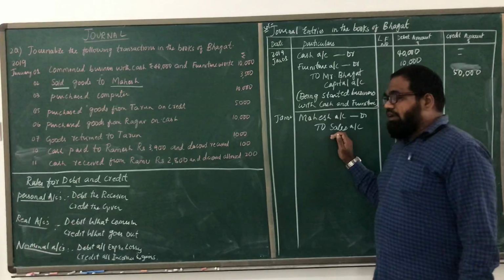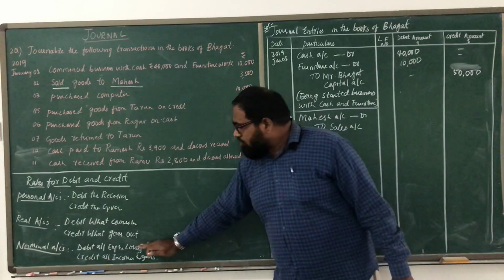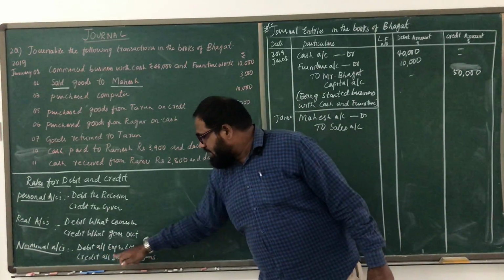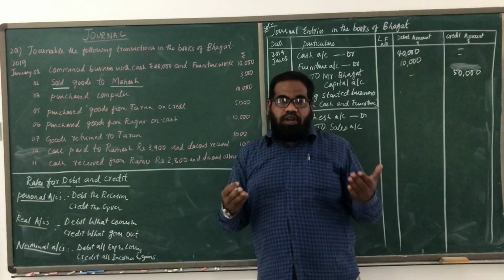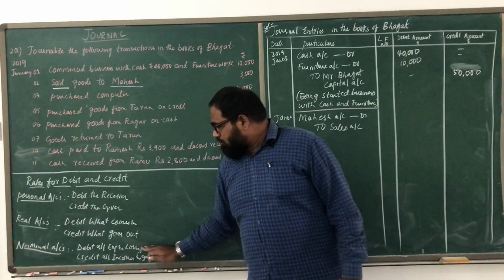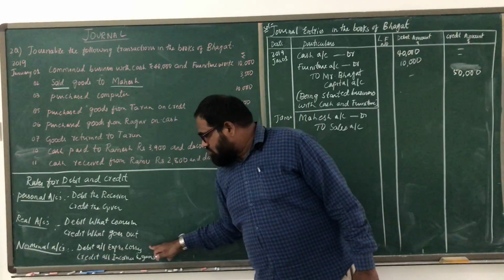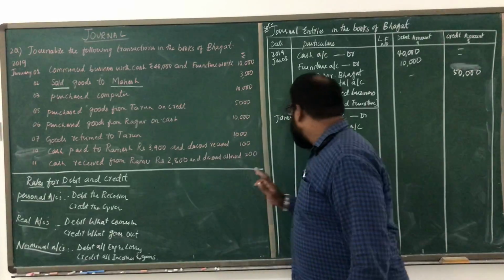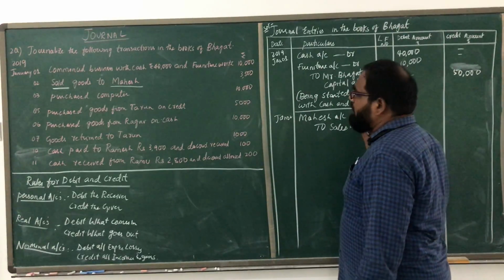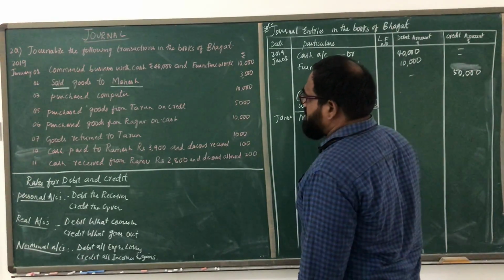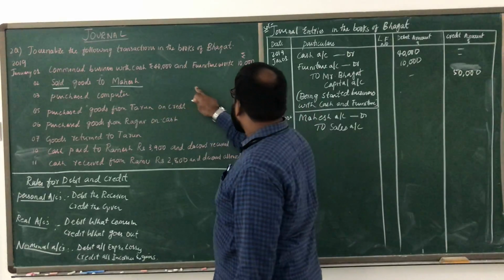Sales means it is our income. That's why, as per the rule of nominal account, debit all expenses and losses, credit all incomes and gains. If you are selling the product, it is our income, and as per the rule of nominal account, all expenses should be debited and all income should be credited. That's why we write the sales account in the credit only. So what's the amount here? 10,000.